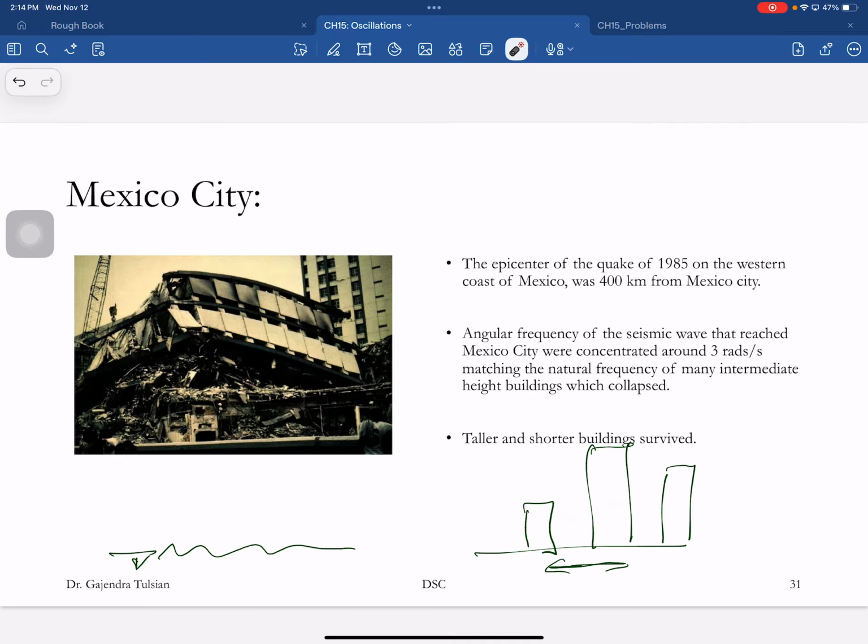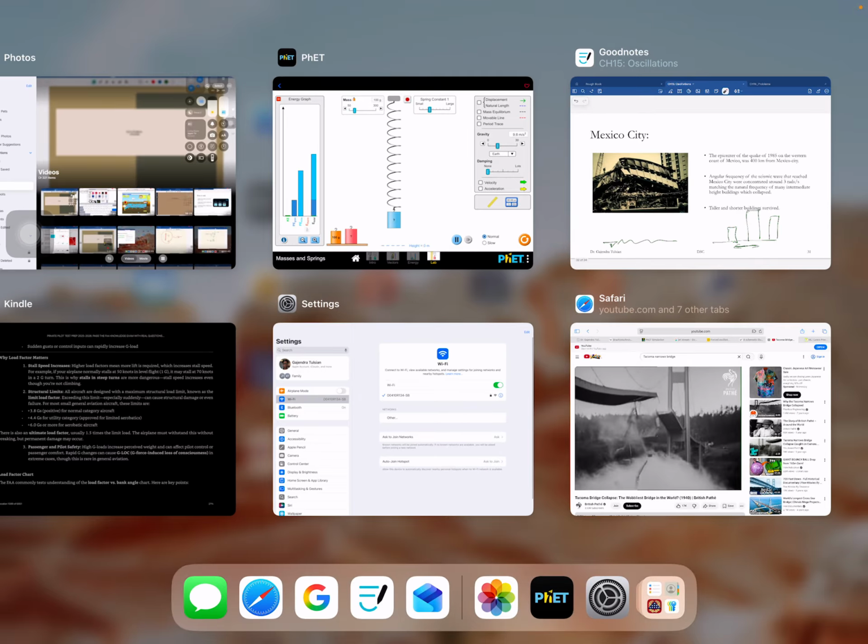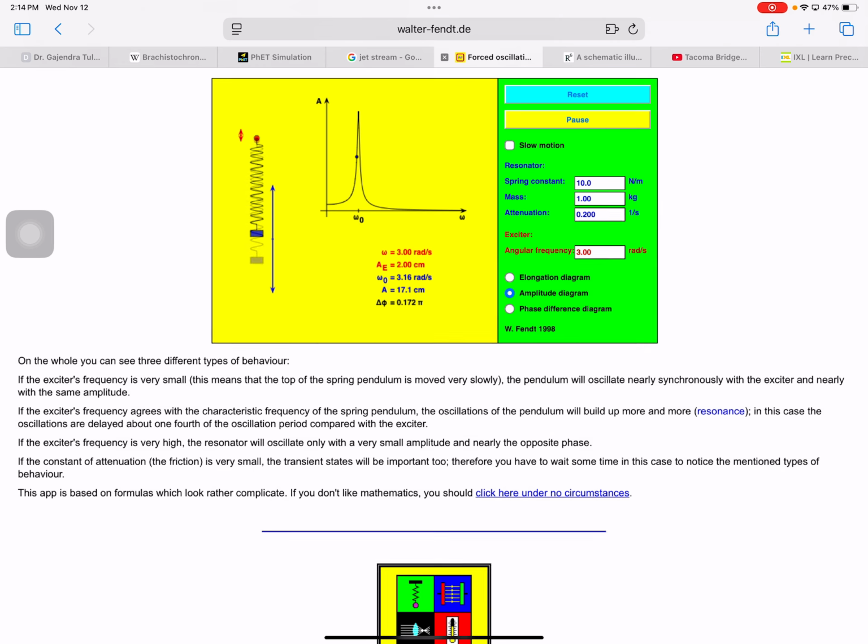So resonance is a scary phenomenon. When a driving frequency matches the natural frequency of oscillation of a structure, you can set up large amplitude oscillations. You've heard of singers breaking wine glasses with their voice? That's what that is.